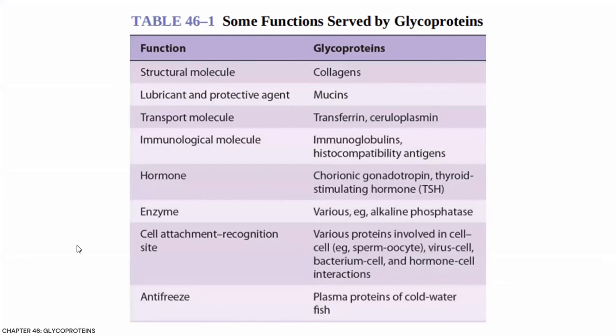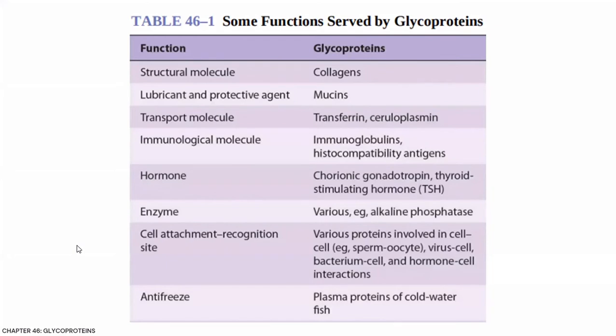And then you have immunological molecules: immunoglobulins and histocompatibility antigens. These are the ones found on the surface of your RBC. And that's why you will have several blood groups, the ABO.